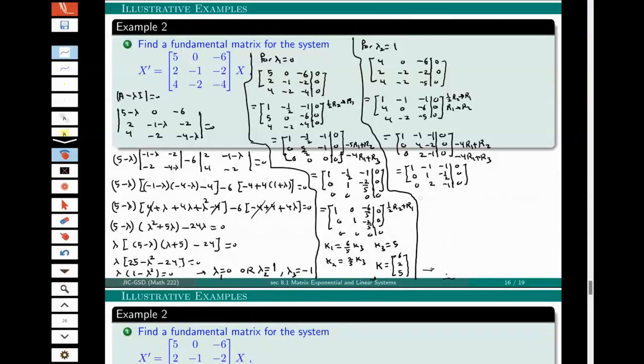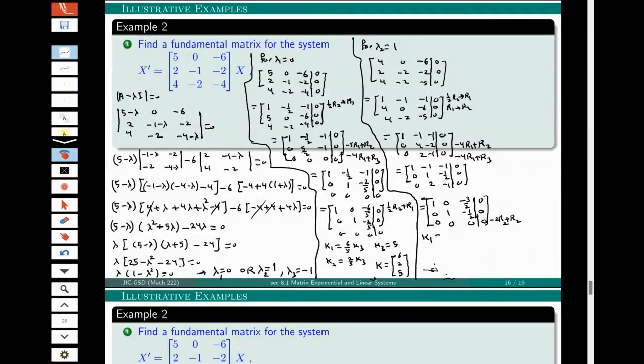Now if I add row 1 and row 2, because the 1s cancel out, minus 1 plus a half, so that will be 1, 0, minus 3 over 2. We are just adding minus 1.5, and that's 0. That's our leading term. If I multiply by minus 2, row 2 plus row 3, it will be 0, minus 2 plus 2, 0, minus 1 plus 1, 0, so the whole row becomes 0.